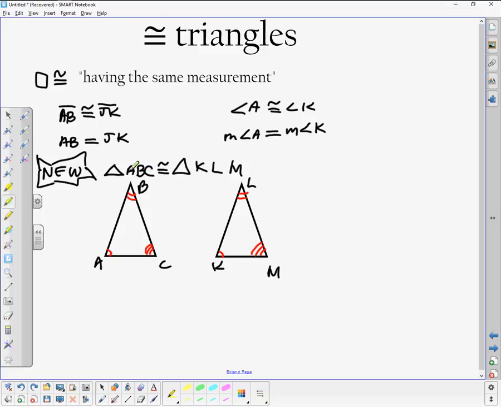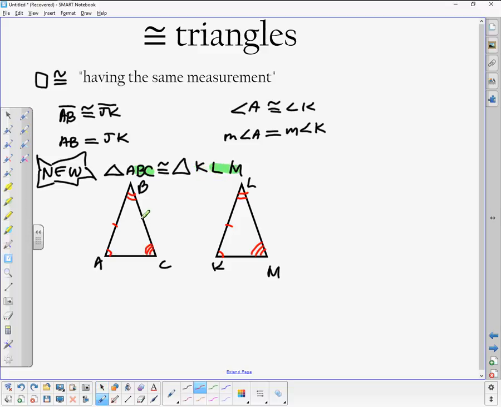If I look at side AB, that will be congruent to KL. Now, if I look at the next two letters, BC is congruent to LM.